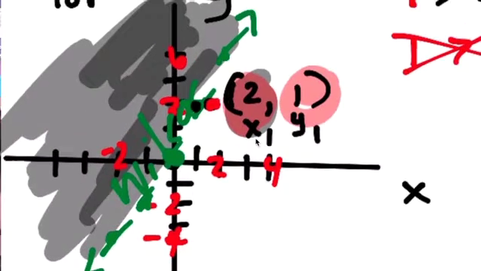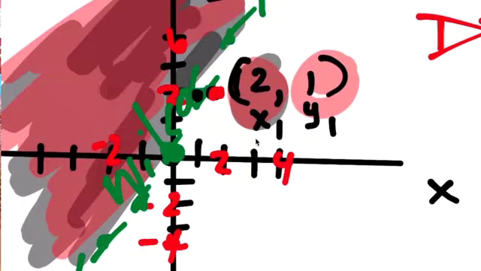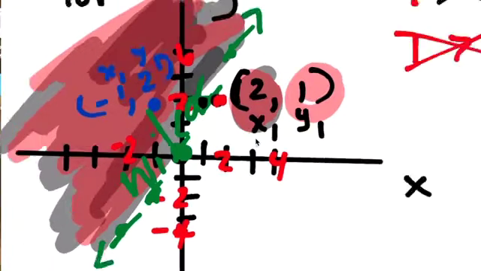So we're going to choose one in the shaded area. You have to choose one in the shaded area for it to be true, okay? I'm going to use a different color so you can see. I'm going to choose -1, 2. x is -1, y is 2, right?